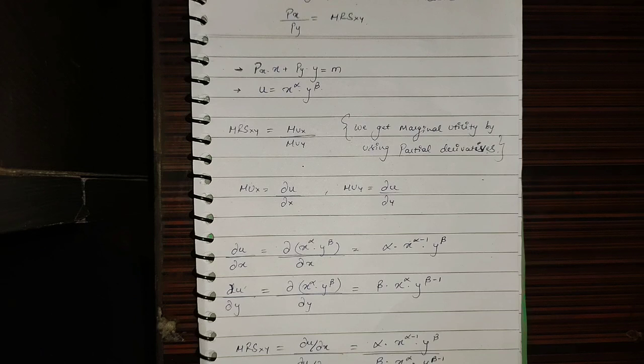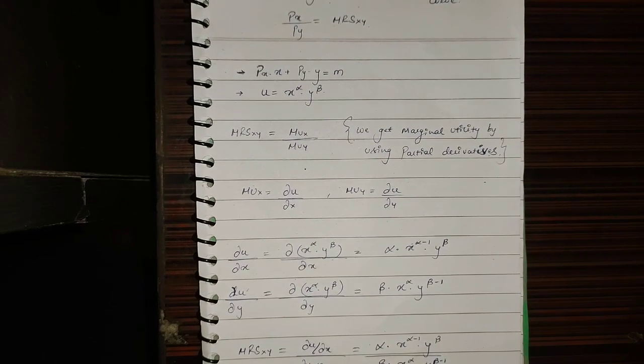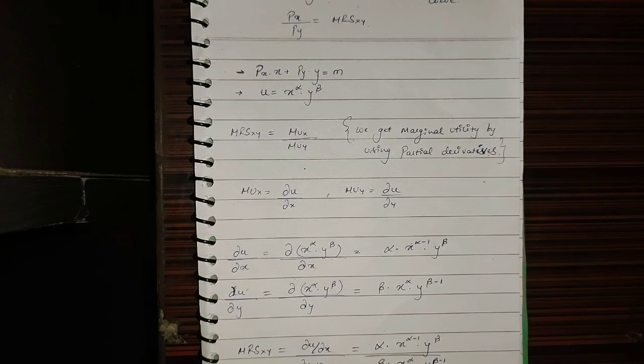So we actually get the marginal utilities by using partial differentiation, meaning we have to differentiate the utility function partially. Here we use partial differentiation because we assume that the other variable is a constant, and in case of total differentiation we have to use the chain rule.